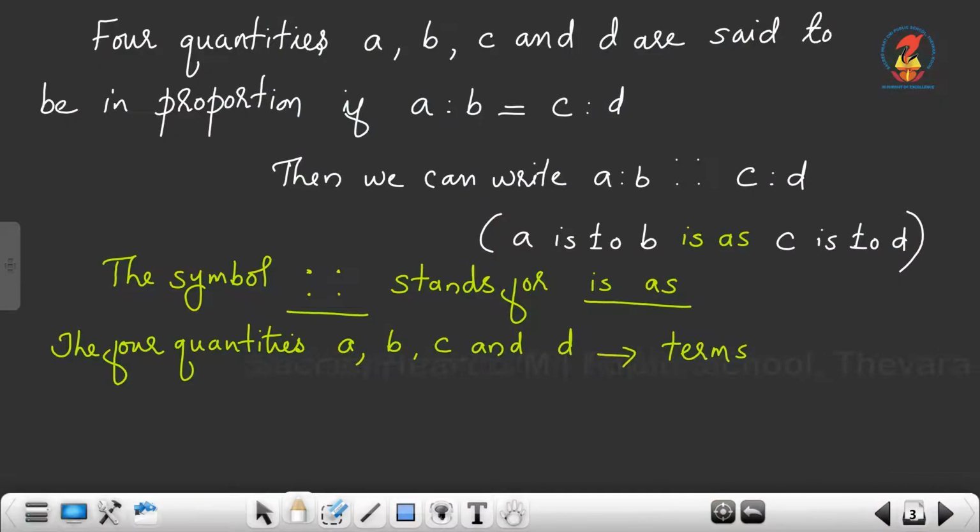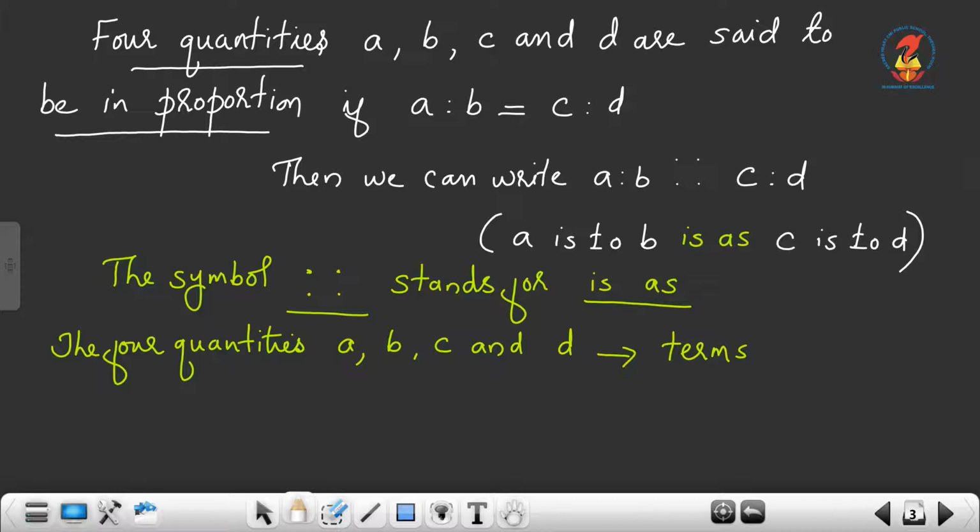Now look at that. 4 quantities A, B, C and D are said to be in proportion. Then we can say that the ratio between the first 2 terms, A is to B, is equal to C is to D. So the order of the terms in a proportion is very important.